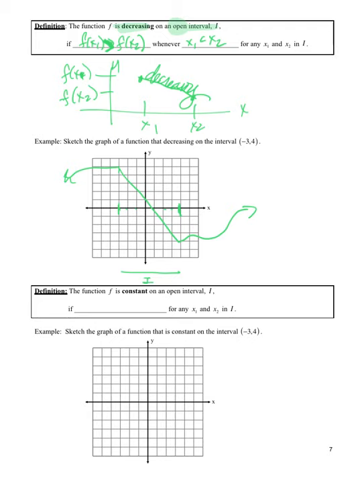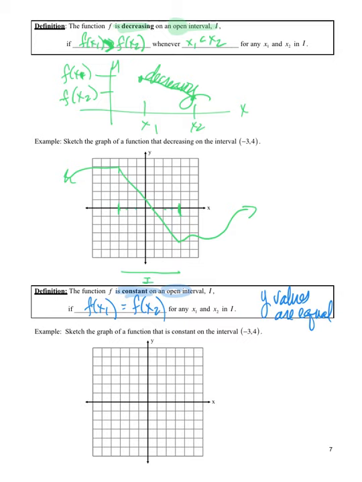Now, what does it mean for a function to be constant? Again, defined on an open interval. Well, that just is telling you that the function evaluated at the first point has to be the same as the function evaluated at the second point. And what does that mean? Our y values are equal.